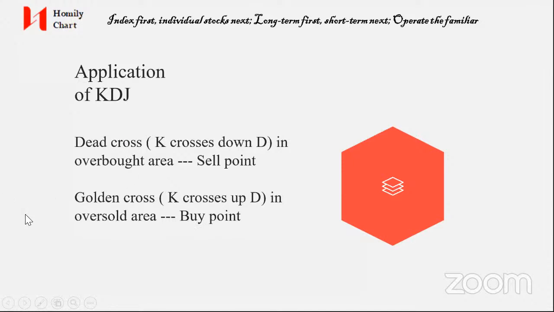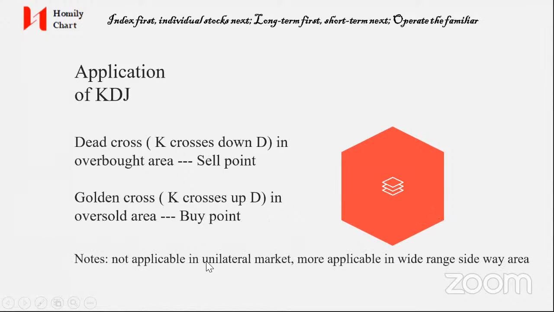Okay, so this is the golden cross and dead cross. We better apply them when it's in the overbought and oversold area. But there is one other thing which is very important for the application of the dead cross and the golden cross, or the application of KDJ, which is KDJ is not applicable in unilateral markets.